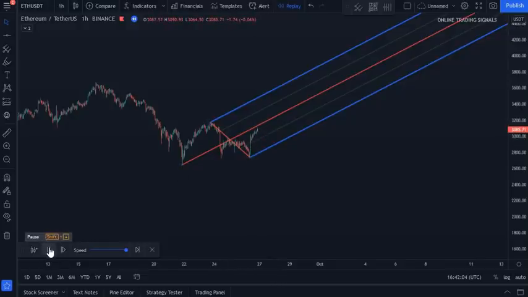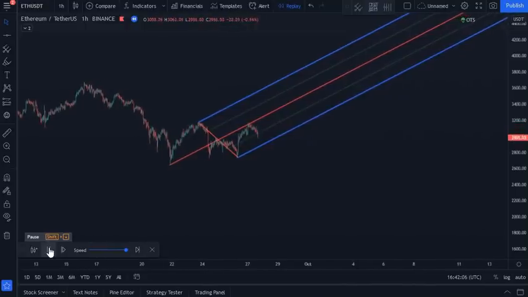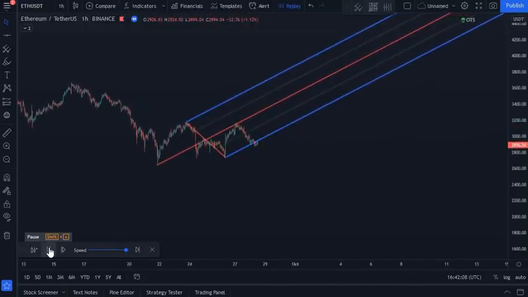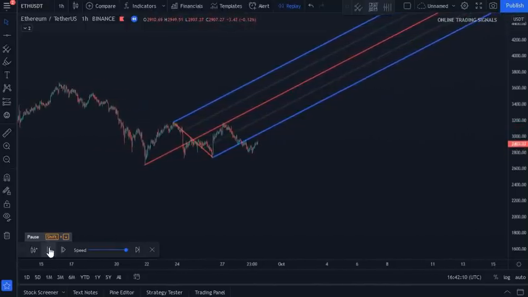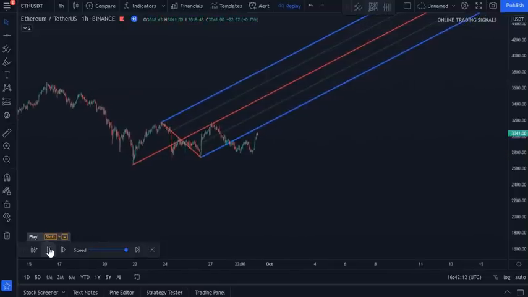Well, let's play and see what happens. As you can see, the trend came out of the pitchfork lines quickly, and it couldn't carry it more than a few hours.